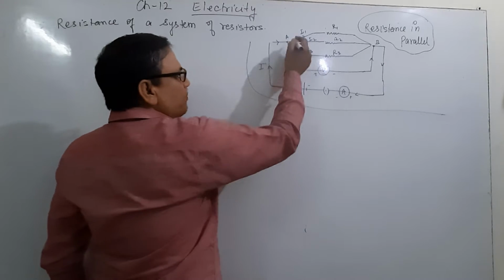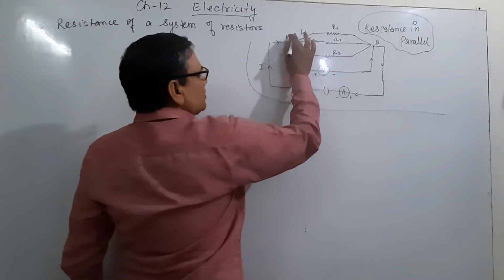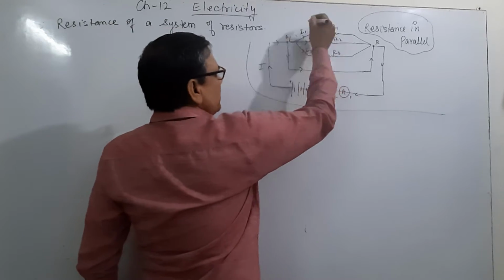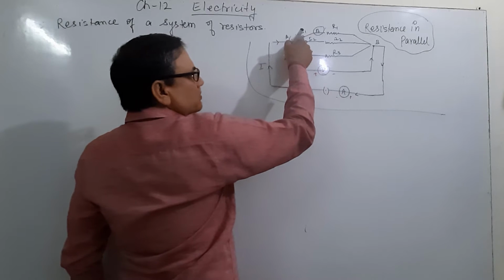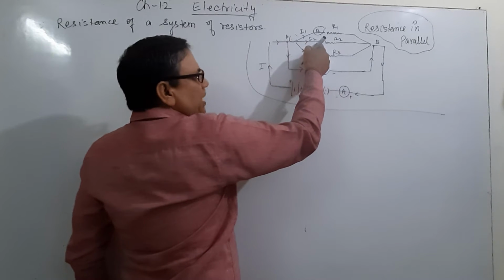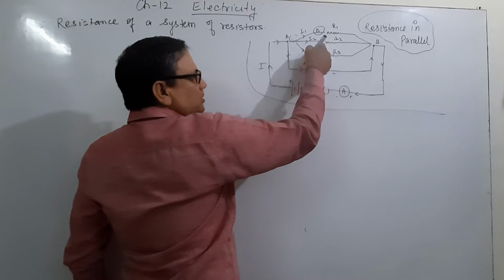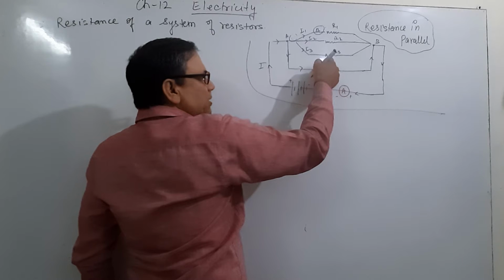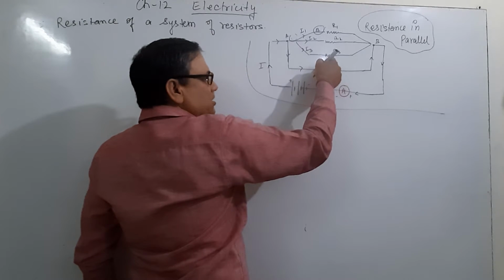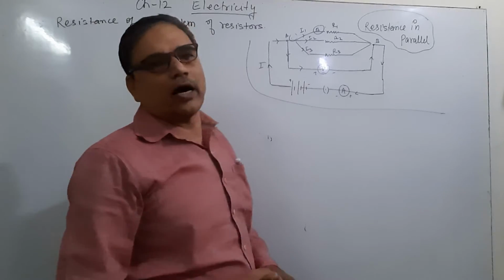But when we put the ammeter here, it shows the reading I1. When we put the ammeter in resistance R2, it shows the reading I2, and when we put the ammeter across the resistance R3, it shows the reading of current I3.